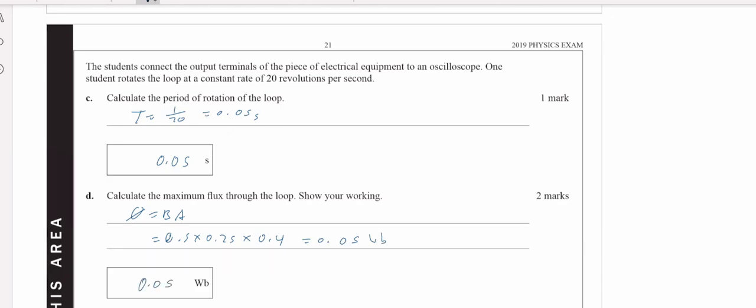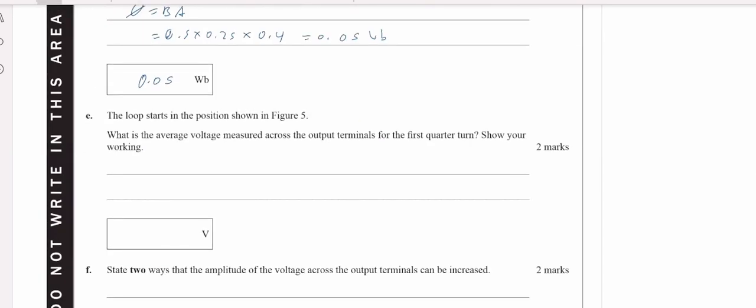So the loop starts in the position shown in figure 5. What is the average voltage measured across the output terminals for the first quarter turn? Voltage is change in flux over time.